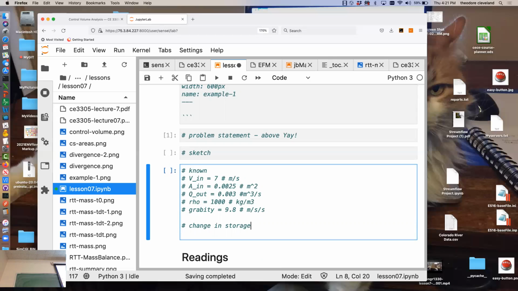It could be that what's going in is bigger than what's coming out. In this case, the change in storage would be positive. The tank could be filling up. It could be, like a bank account, that the amount going out far exceeds the amount coming in, in which case the water level is going to go down. So if we get anything other than those three, there's something wrong.